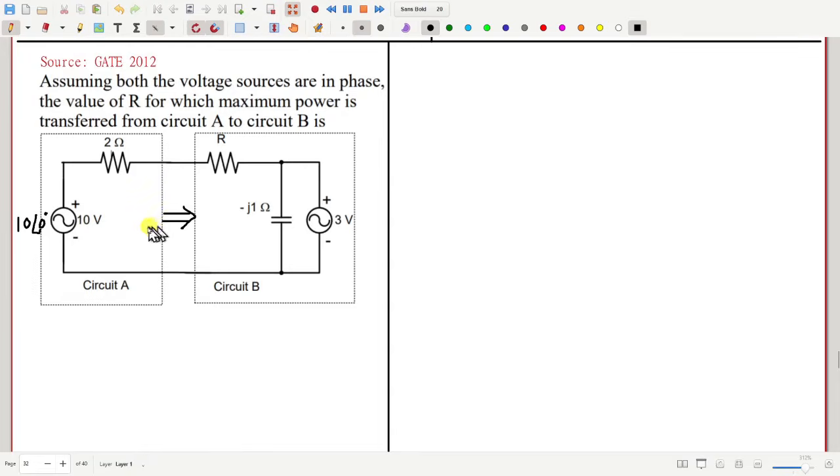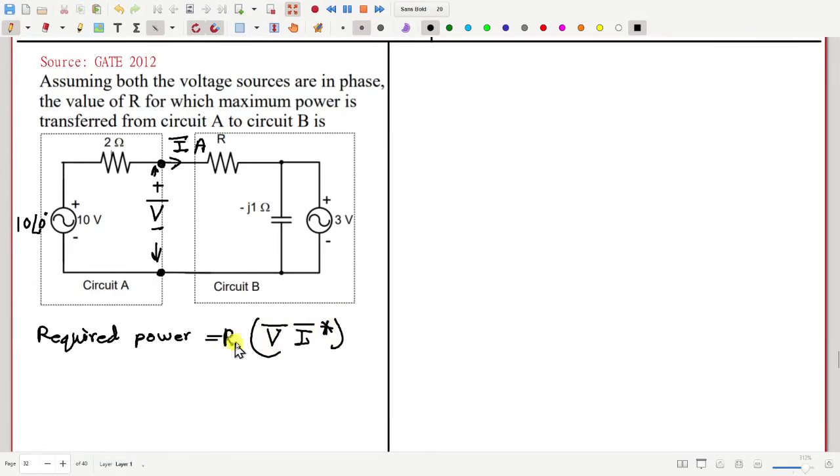Suppose this current is I ampere phasor, and suppose this voltage from here to here is V with plus and minus. Then the power that we are considering is real part of V I star, and we have to maximize this.